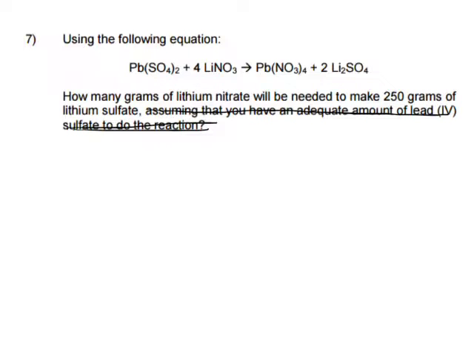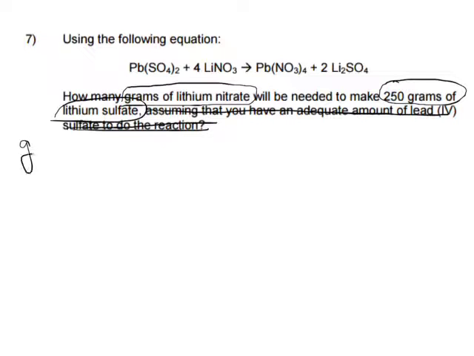We don't need it, okay? What are we given to work with? You should be choosing the 250 grams of lithium sulfate, and that's going to be our given. And then the question is asking us to find grams of lithium nitrate.